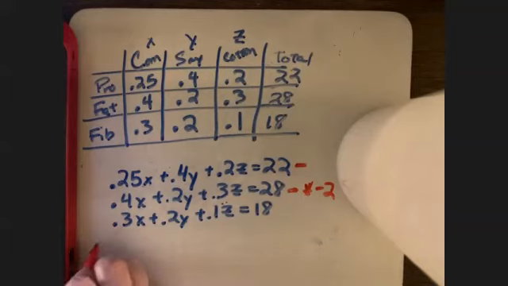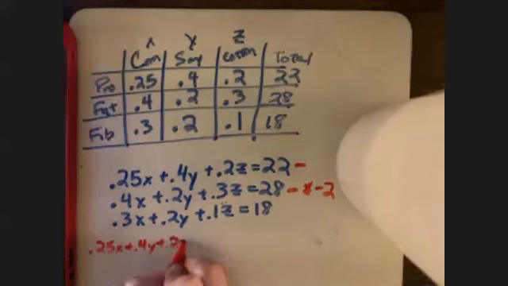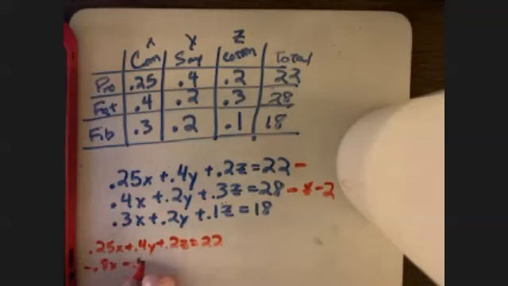So I've got 0.25x plus 0.4y plus 0.2z equals 22. And -0.8x minus 0.4y minus 0.6z equals -56.